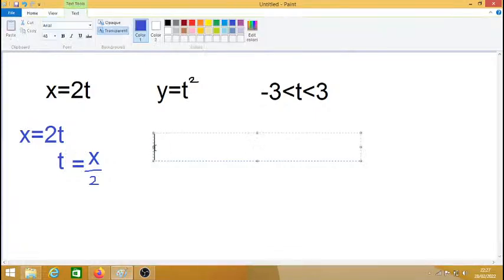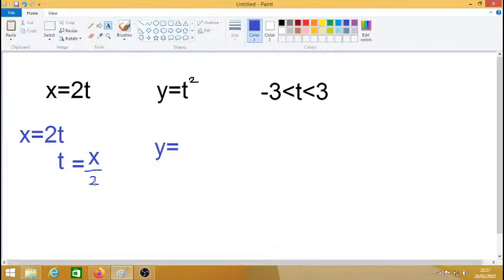So instead of saying y equals t squared, I've got an expression here for t, x over 2, so that can go in for t. And then I can square that, because that's what the equation says. Square it, simplify, and you end up with x squared over 4.